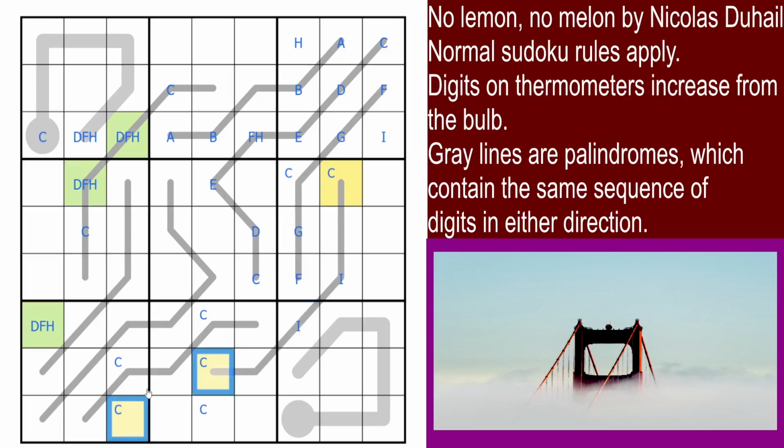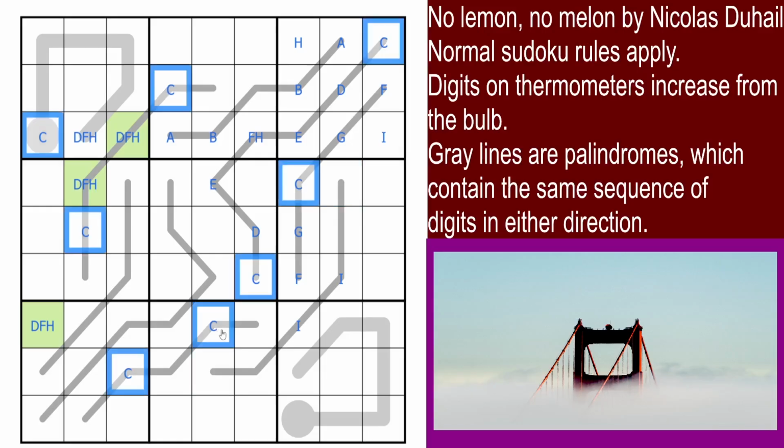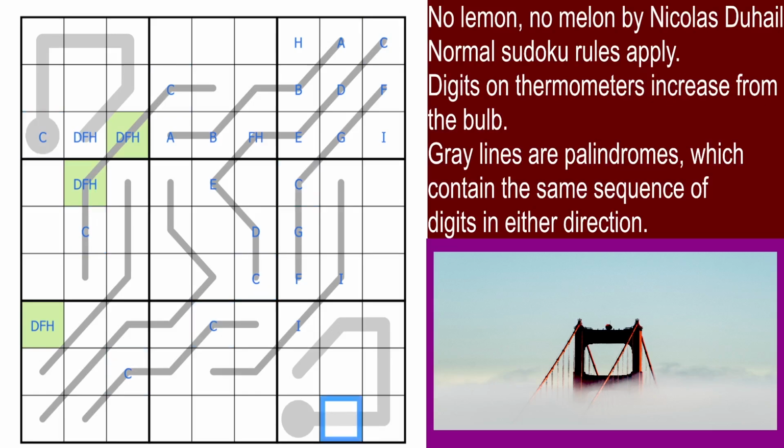So those cannot be C. We can remove all these things now. And also that cannot be C, right? Because if that's C, which is not allowed. So this is C. And with this C now, where is C here? That's C. And I think we got all our C, right? Yeah, we got all the C.